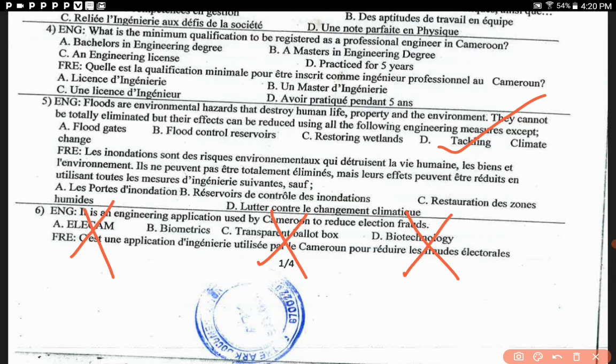The engineering application that ELECAM, Elections Cameroon, will use in order to reduce the rate of electoral fraud is B, which is biometrics. I will explain. What do we mean by biometrics? What is a biometric system? It refers to fingerprints, it refers to iris, it refers to facial recognition.